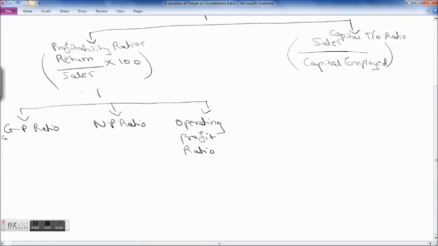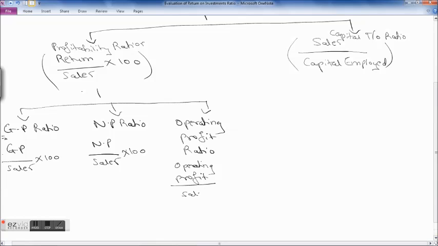So what is a gross profit ratio? Gross profit ratio is gross profit upon sales into 100. This is net profit upon sales into 100. Operating profit is operating profit upon sales into 100.